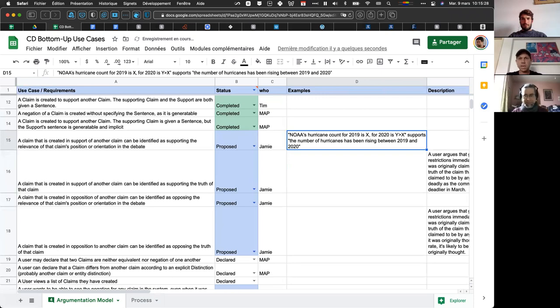Now, the argument in support of relevance here is the argument that NOAA is the official organization for counting hurricanes or something like that. Yeah, okay.